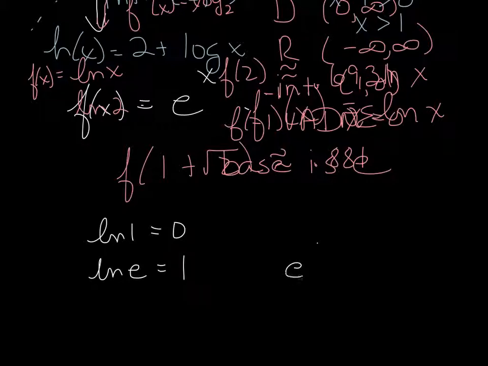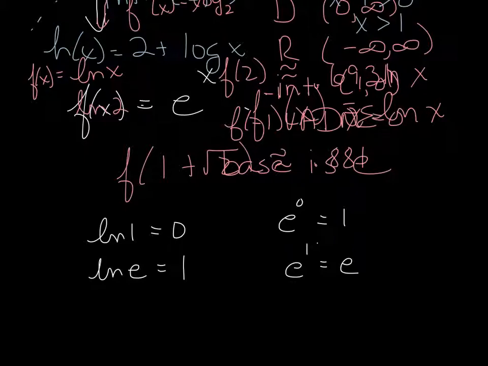Remember, e to the 1 equals e. Here you'd have e to the 0 equals 1 if we wrote it in exponential form. The base is e. Same with the common log, the base is 10; we didn't write it. With the natural log, the base is e. The natural log of e is 1.